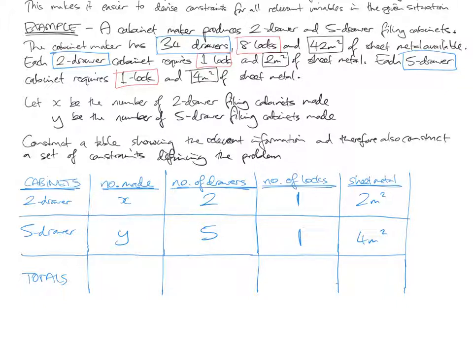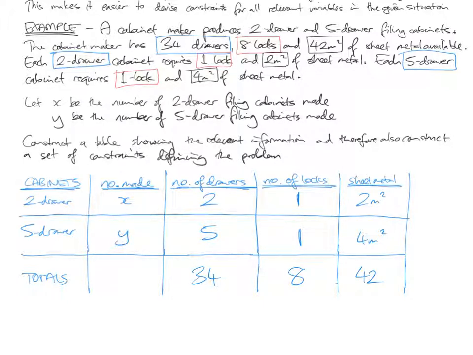Number of drawers, 2 times the number of 2-drawer filing cabinets made, 5 times the number of 5-drawer filing cabinets made, and the number of drawers you've got to play with is 34. The number of locks you've got to play with, even though each cabinet uses 1 and 1, is a total of 8. And the amount of sheet metal total you've got is 42.